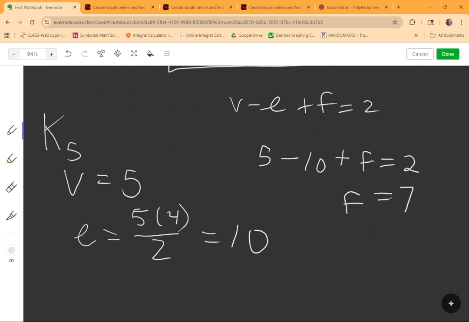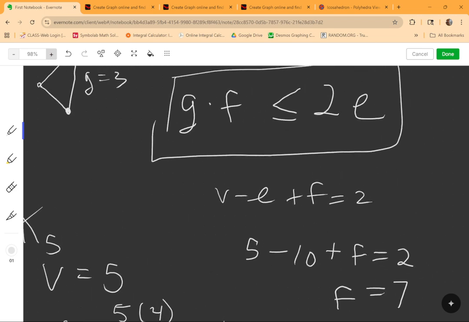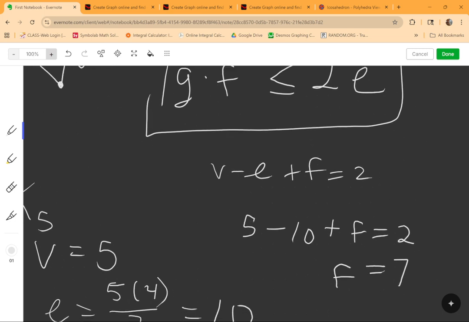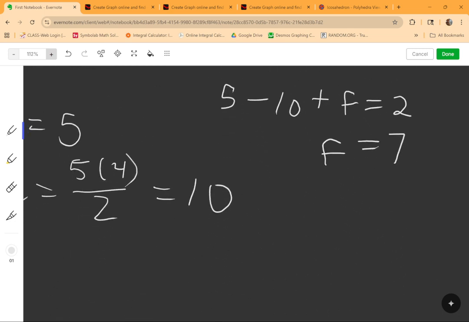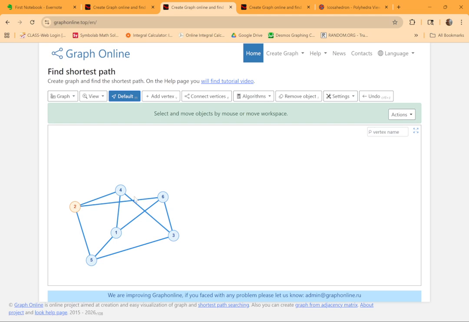Since this is a connected, simple graph, not bipartite, then the girth, G, must also satisfy this inequality here. G times F is at most 2E. At minimum, I need 3 edges to surround a face. It may be more, but that's the minimum.